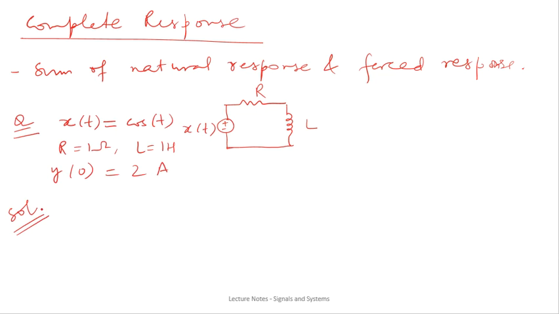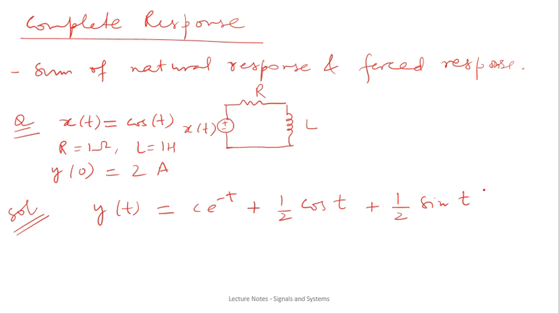Now the form of the response that we already obtained in the previous example was C e raised to the power minus t plus half cos t plus half sin t. So we can obtain the complete response of the system by solving for the constant C so that the initial condition y(0) equals 2 is satisfied.